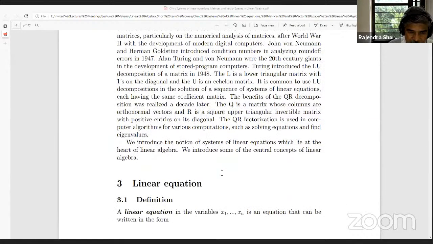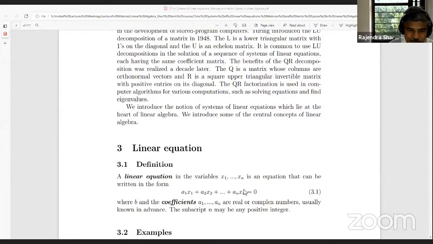Okay, so friends, the linear equations. A linear equation in the variables x1, x2, ..., xn is an equation that can be written in the form a1 x1 plus a2 x2 and so on plus an xn equal to b.